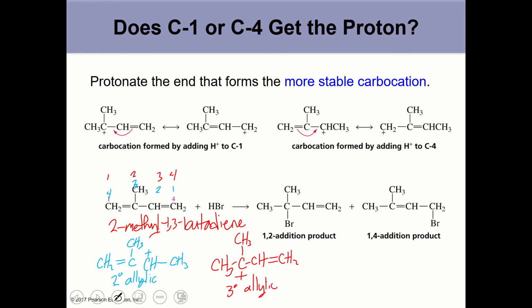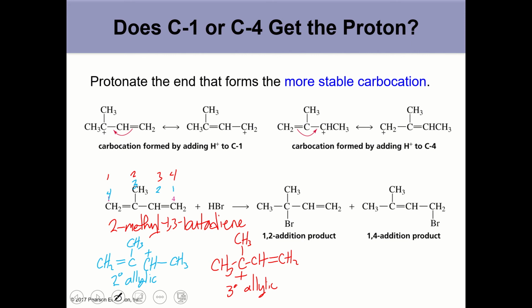So I know what's going to serve as my carbon 1 for the addition of the proton. So numbering my double bond carbons 1 through 4, in this case, the numbering of the double bonds 1 through 4 is the same as the numbering for naming, but it won't always be the case.